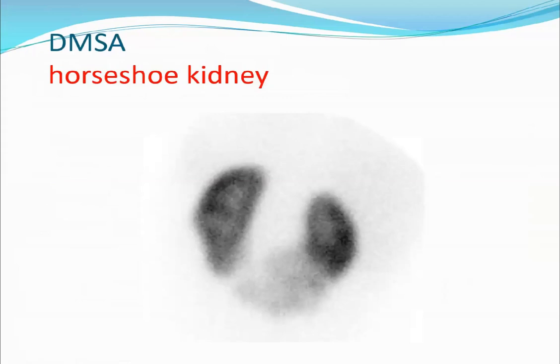A case of horseshoe kidney. Both compartments appear here, left compartment, right compartment, with the fibrous band in between. Left renal agenesis, no uptake by the left kidney. Good uptake and normal DMSA scan of the right kidney.